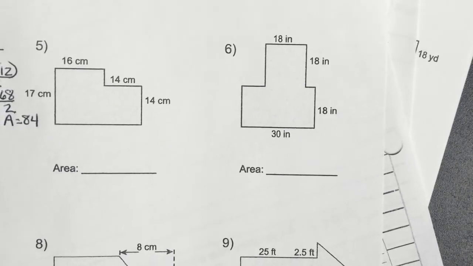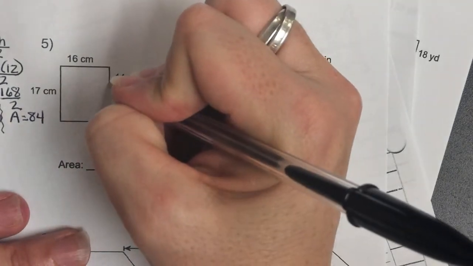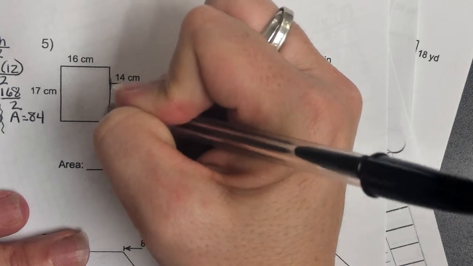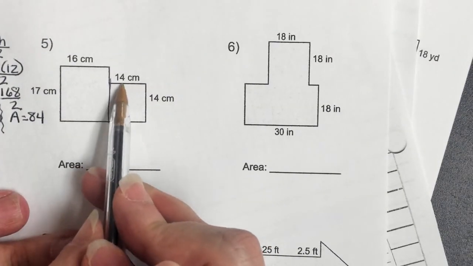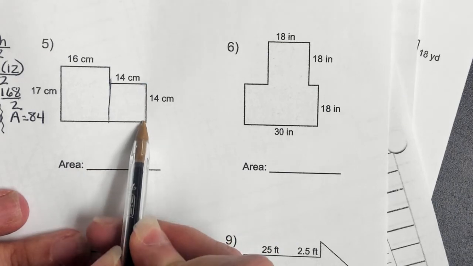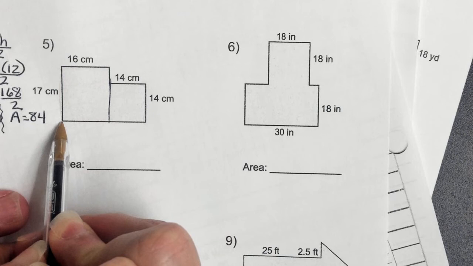Number 5. This is one that if you slice it this way, it will help you because it's a 14 by 14 and a 16 by 17.